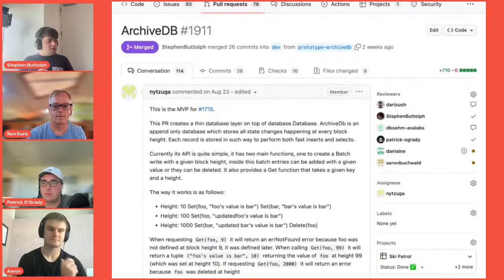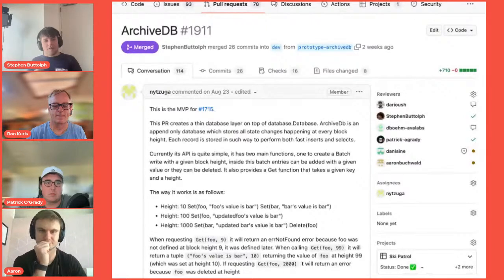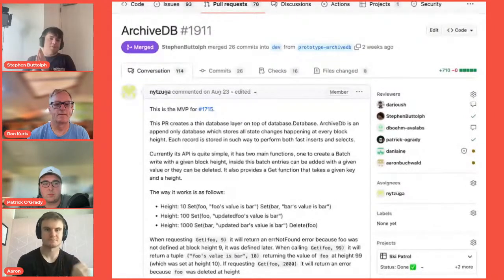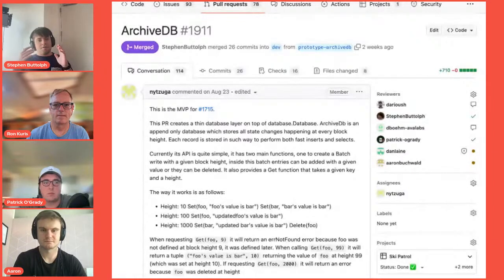In order to serve API queries, you don't actually have to have any of the intermediate Merkle nodes. You really just need to have the historical values. And so there have been a number of different ideas around this area about how you can more efficiently store historical state at given heights.